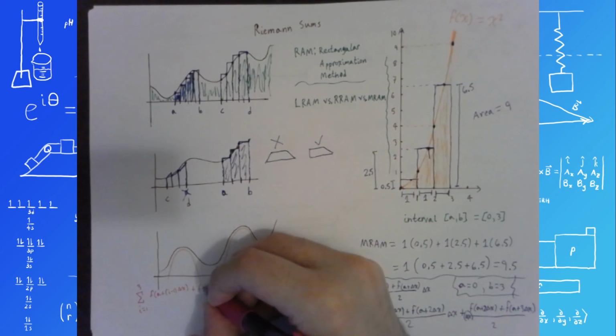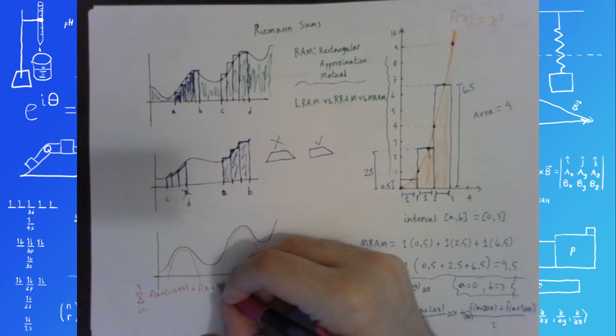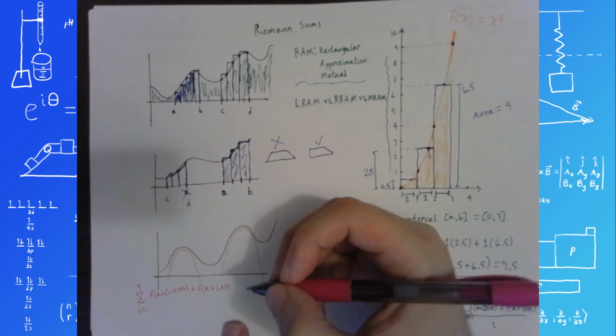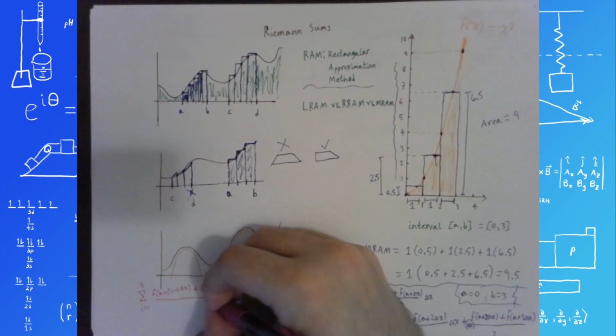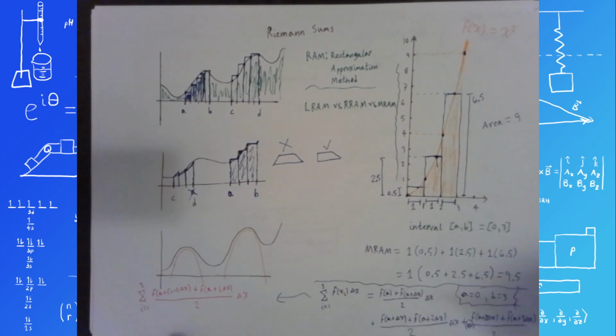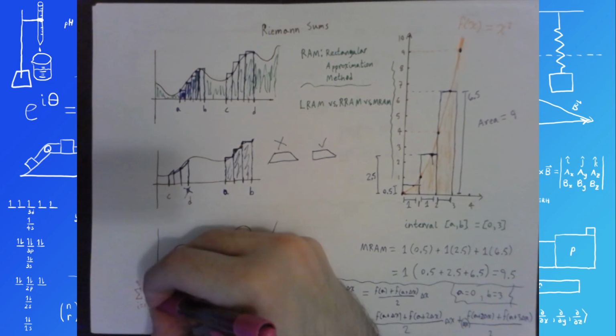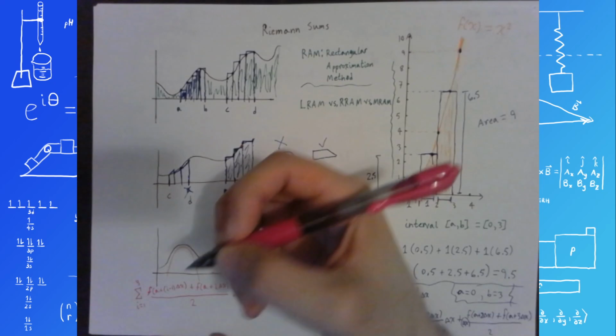plus f of a plus i delta x over 2 all times delta x. Okay, not the best looking formula, but I think you can follow it.